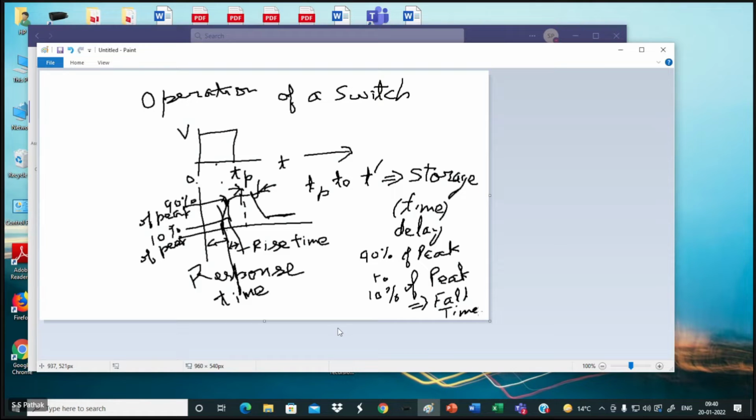Is it okay? Switch operation has got timings, I'm summarizing here again. First is your response time or response delay. Till that time, there is no signal at the input, response time. Second is your rise time.